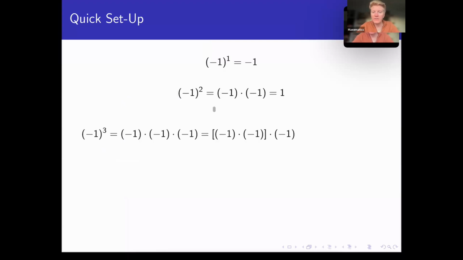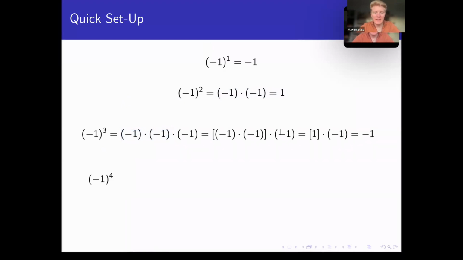And we know that negative 1 times negative 1, if we group those two together, is just 1, right? Negative 1 times negative 1, we just saw in the previous part, is equal to 1. So the first part is equal to 1, and then 1 times negative 1, any number times 1 is itself.